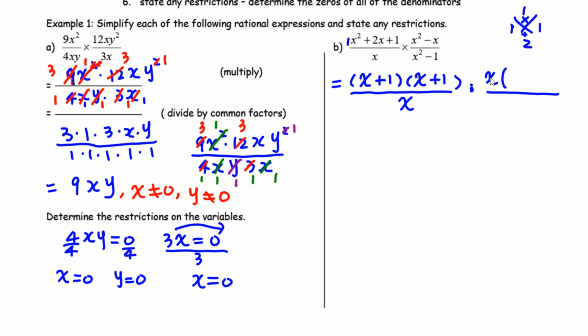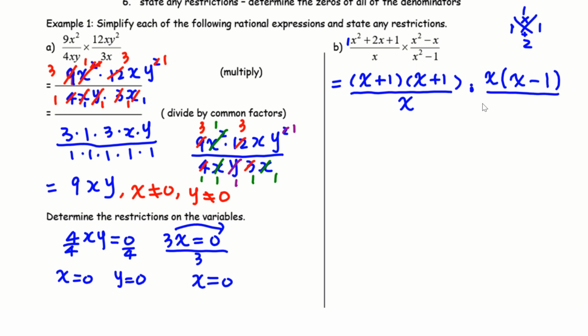Then each term is divided by x. The variable division, the degree subtracts. So 2 minus 1 gives you x to the exponent 1. X divided by x, 1 minus 1, degree is 0. The degree is 0. X to the exponent 0 gives you 1.